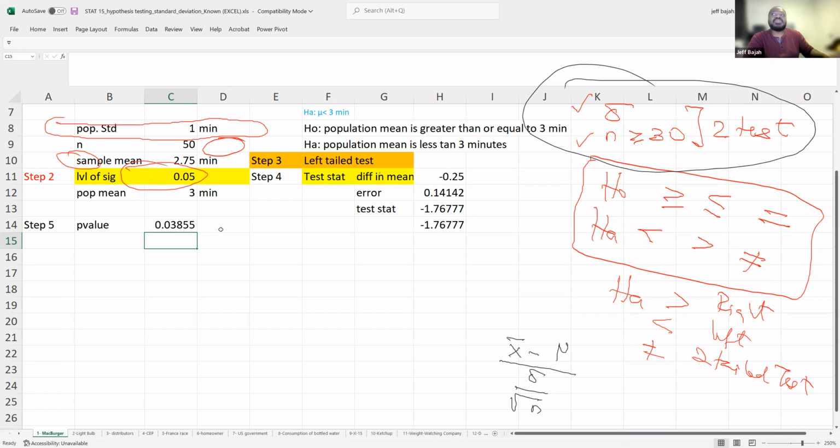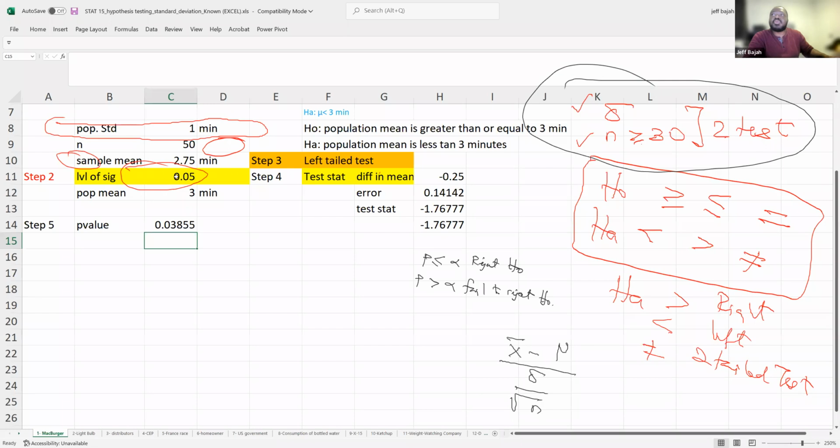So now you remember you have to compare this. Remember we said that if your p-value is less than your alpha, you reject. It is actually less than or equal to. If your p-value is greater than alpha, you do what? You fail to reject. So the same thing here.